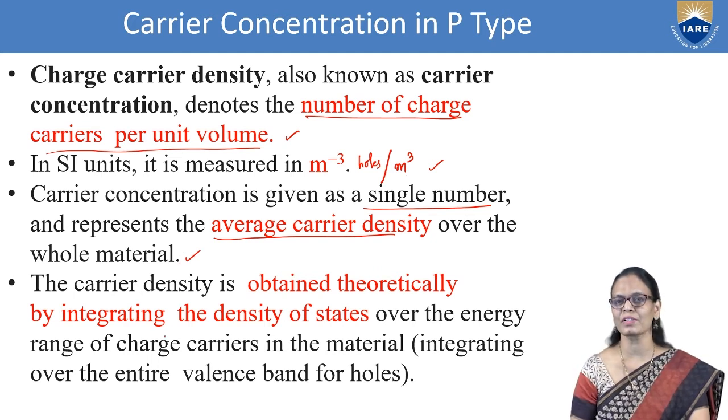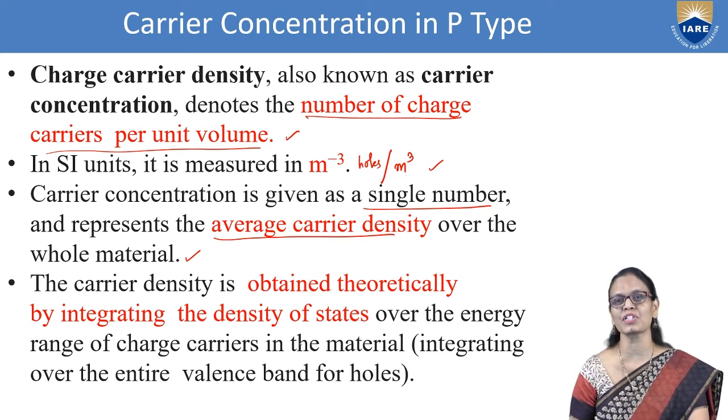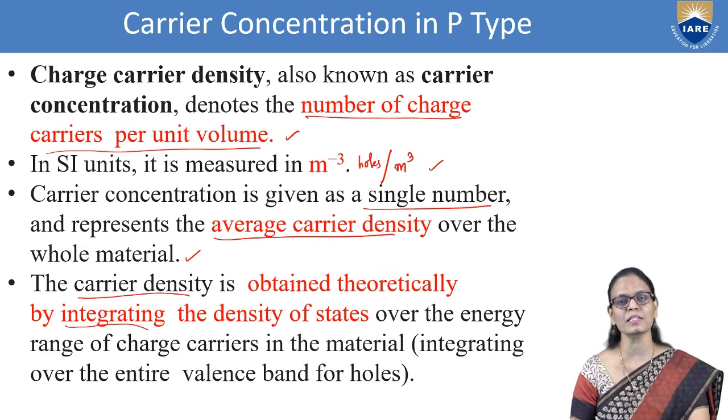And how you are going to get it is obtained theoretically by integrating the density of states over the energy range of the charge carriers in the material. Means if you have to get the charge carrier density, what we need to do is integrate. Integration is nothing but continuous summation.